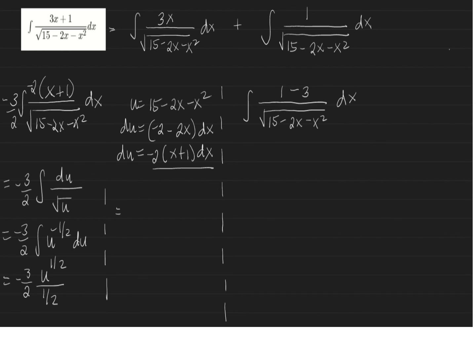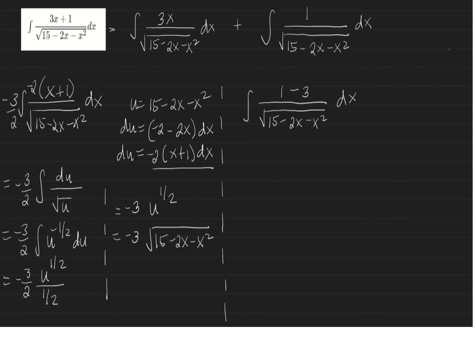We will be left with negative 3 and then u raised to 1 half. So back substitution, we replace u and then convert it into the radical form. So u is 15 minus 2x minus x squared. So for the first term, the answer is negative 3 square root of 15 minus 2x minus x squared.